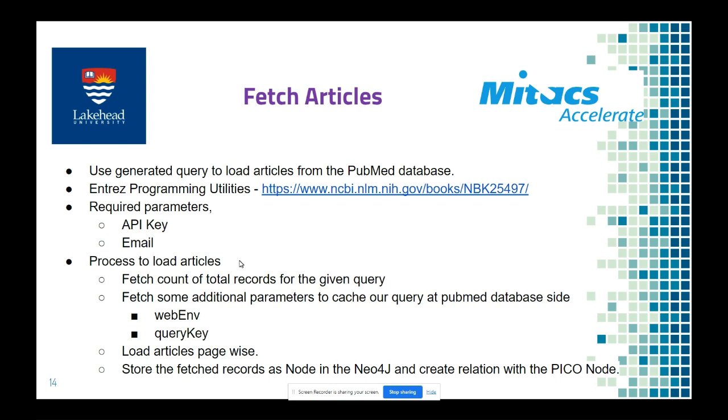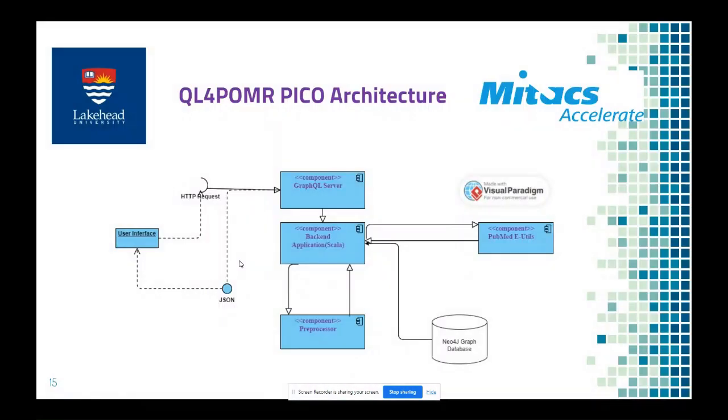It just uses pagination and gives us the records, which makes our queries faster. For that, we first register our query with the PubMed database, and it gives us a query key and a web environment. With these two parameters, we load the articles page by page, and at the same time we store those articles in the Neo4j database as new nodes and create a relation with the PICO node.